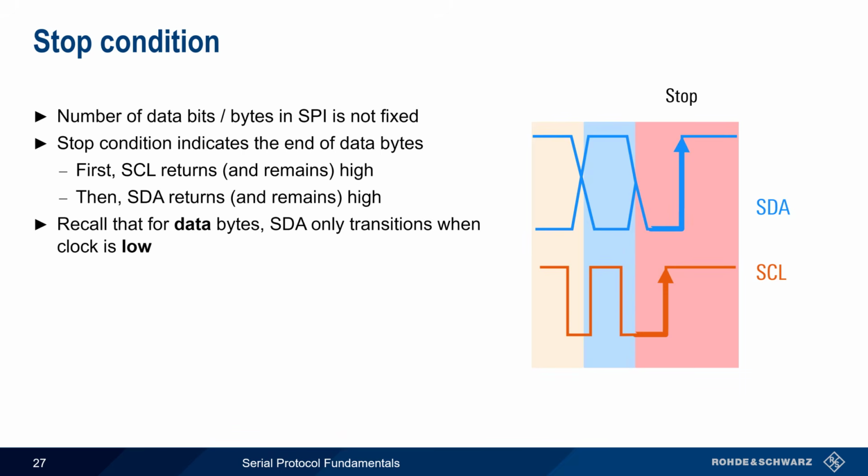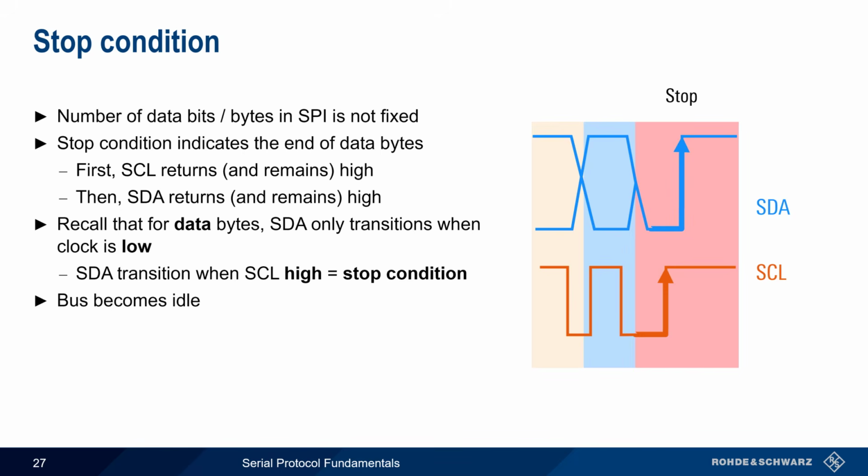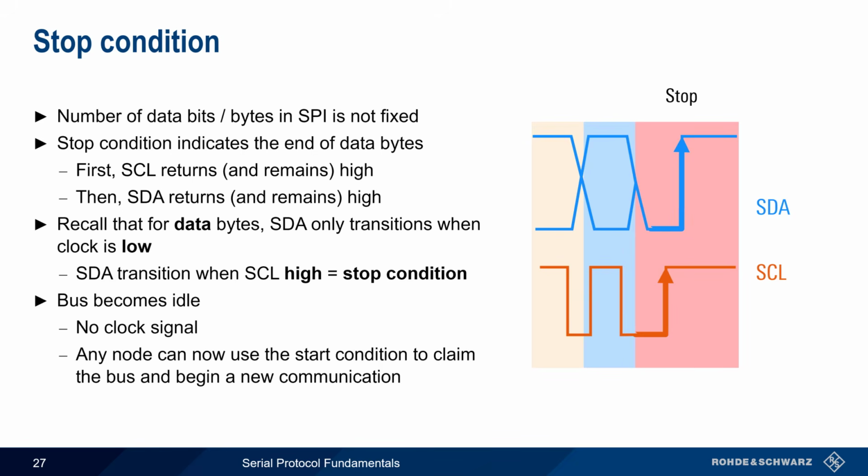Recall that for data bytes, SDA only transitions when the clock is low. If SDA transitions when the clock is high, then this unambiguously indicates the stop condition. After the stop condition, the bus becomes idle. There's no clock signal, and any node on the bus can use the start condition to claim the bus and begin a new communication.